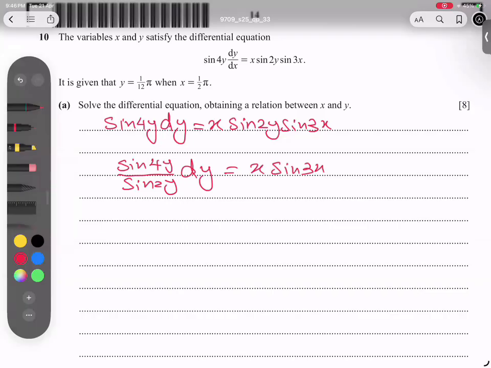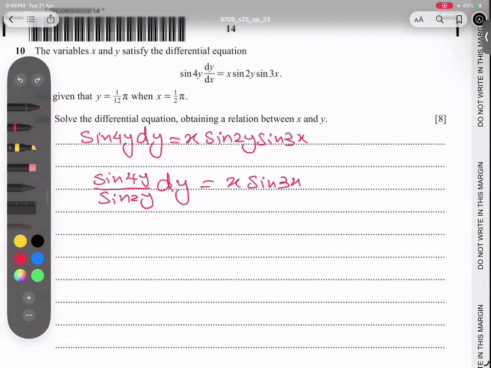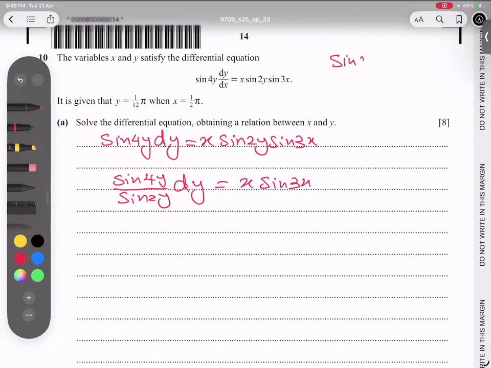Now, before I start, you know this very well. This is sin double angle, so we know the formula. I'm writing again: sin 2A is basically 2 sin A cos A. This is a half angle here and here. So if I have 4y, then what happens, students?